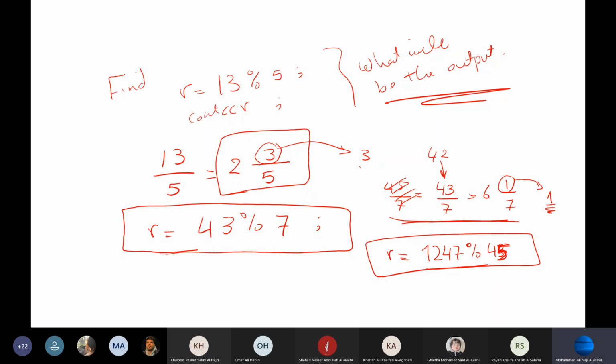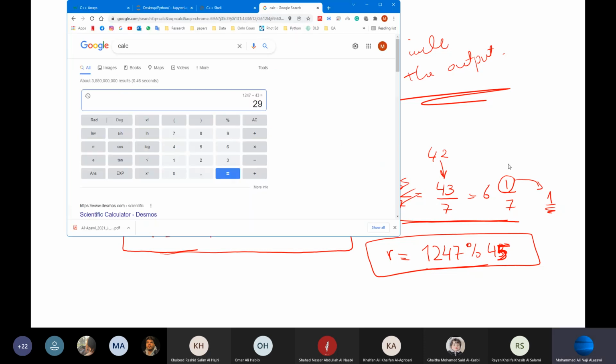Okay, so I'll go back to divided by 45. How to delete this? Okay, I'll do it again. 1247 divided by 45 equals. See, now this is the result.